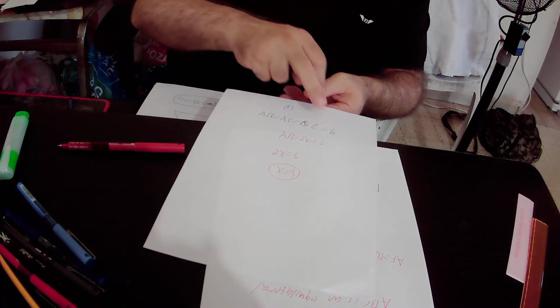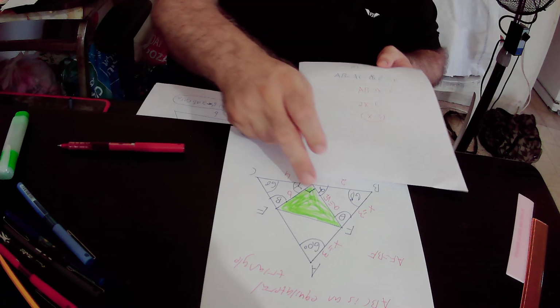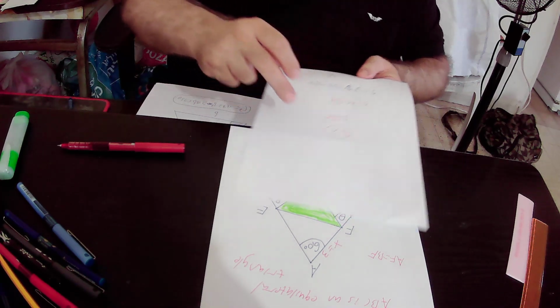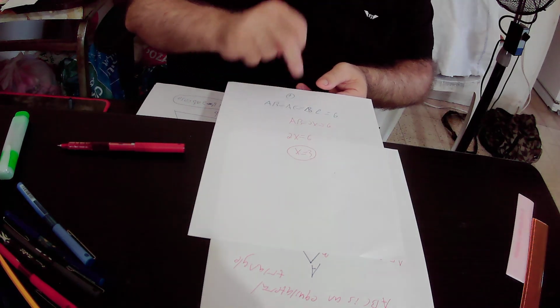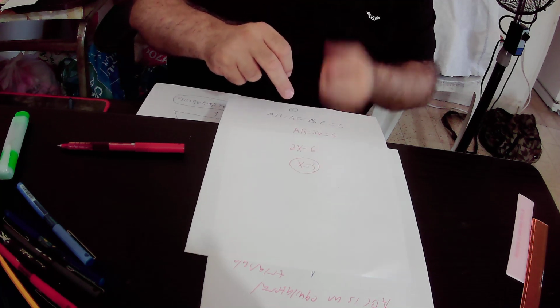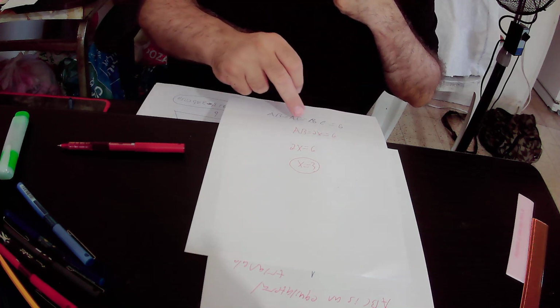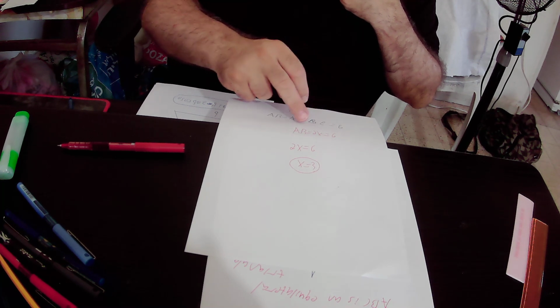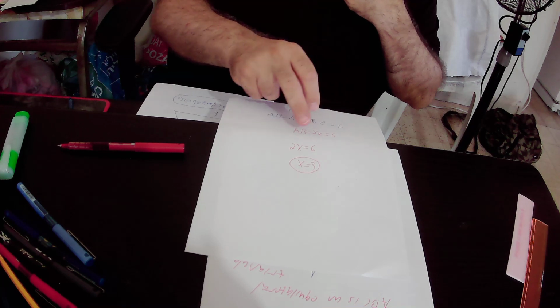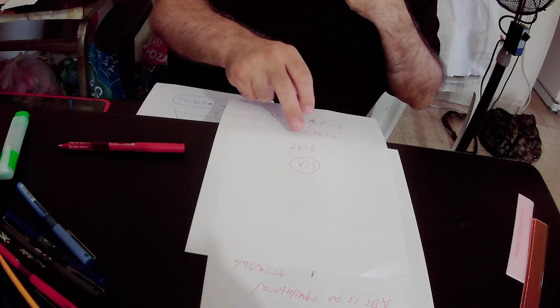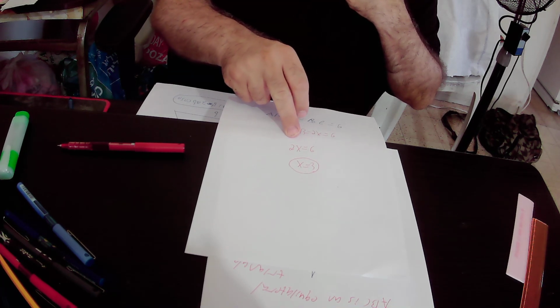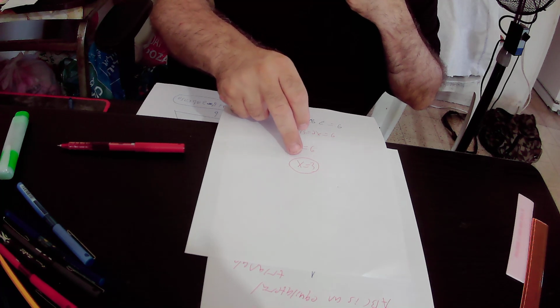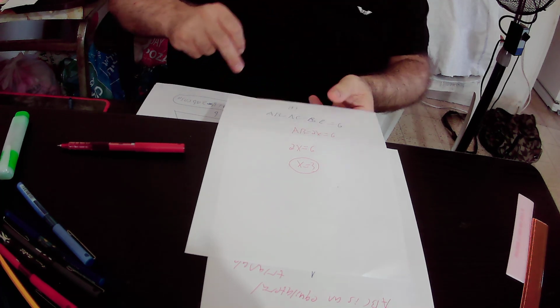So AB equals 6 units, and AB equals also X plus X, so 2x equals 6 units. So we can divide this equality by 2, and we got that x equals 3 units.